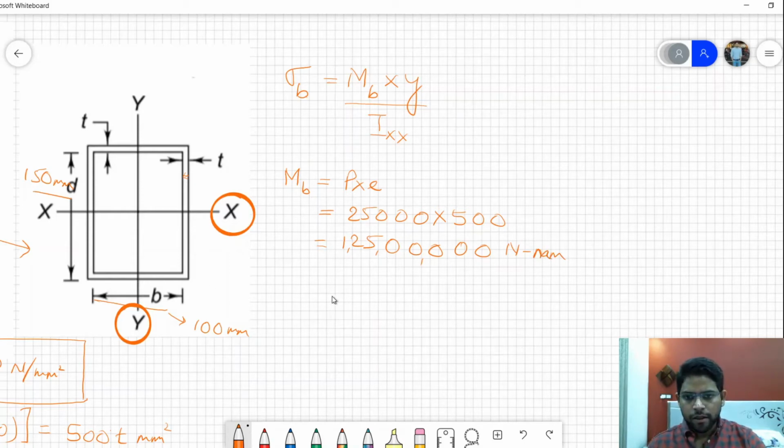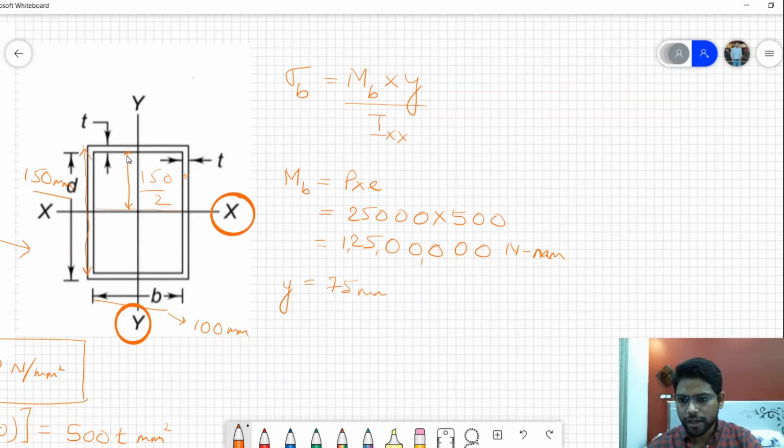Okay. Now the next thing is y. As you can see, this is the distance from the neutral axis, because the bending moment is acting about the x-axis. So this is the distance from the neutral axis, which will be equal to 150 divided by 2. So this will be equal to 75 mm. 150 because the total length of this distance is 150, and this is your centroidal axis.